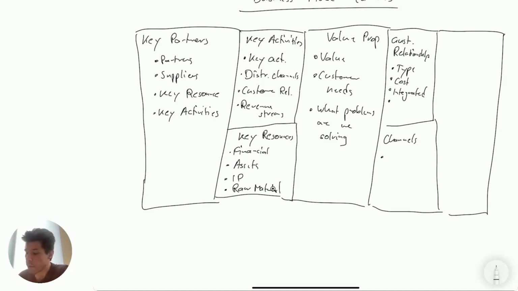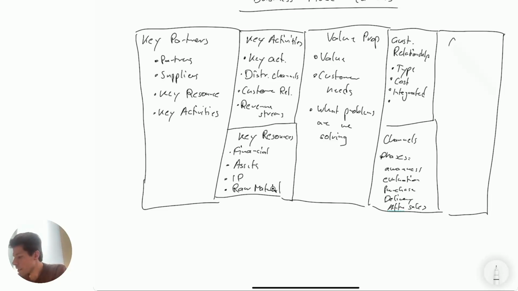Again, here we're not starting from a business perspective, we're starting with a customer perspective to understand how do they want to be reached. And when you look at channels, we usually have different phases, from awareness to evaluation, purchase, delivery, and after sales. So think about every one of those phases. How do you reach customers and how do customers want to be reached?